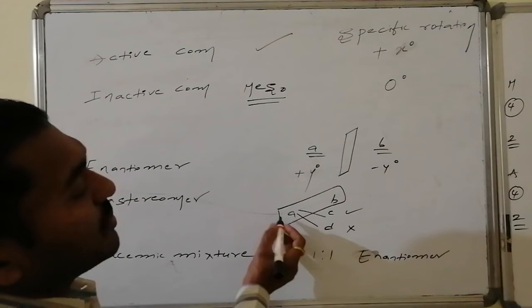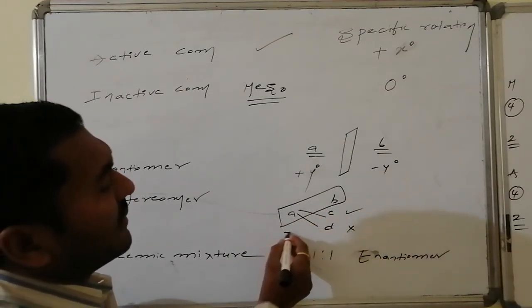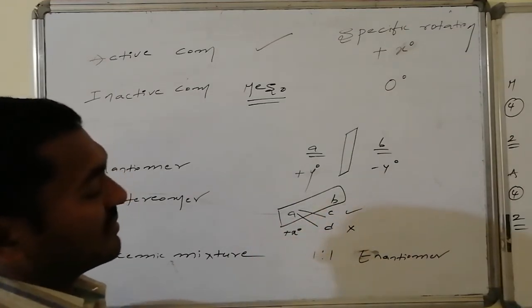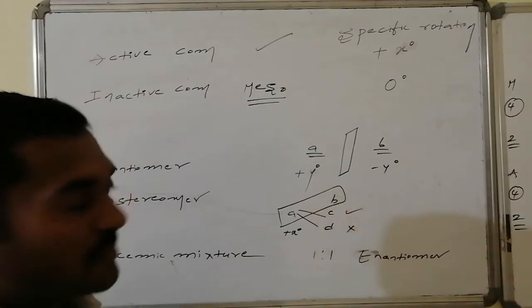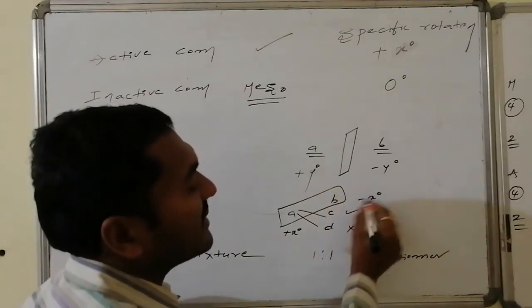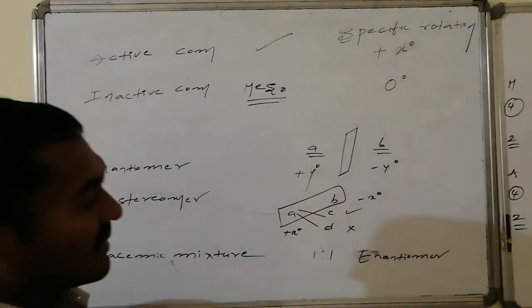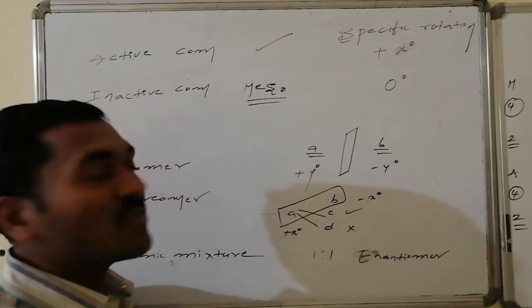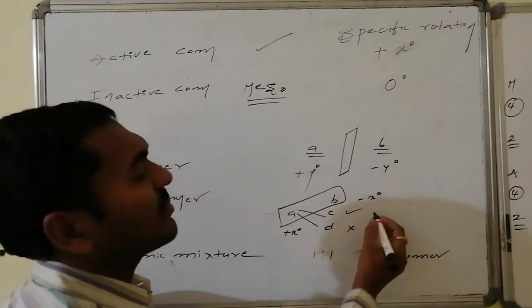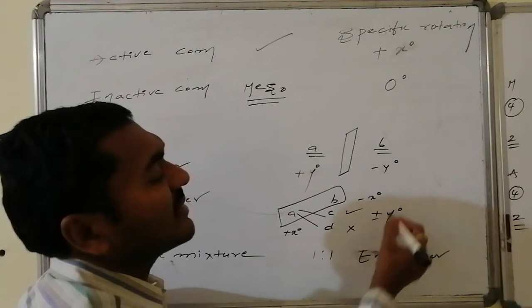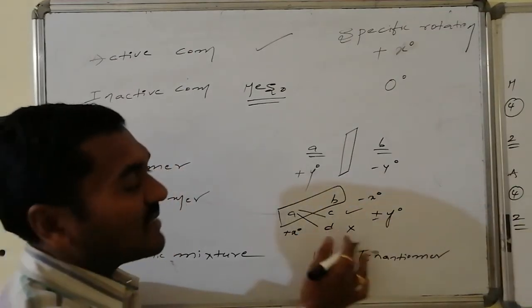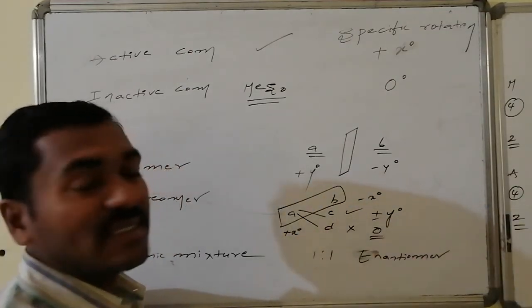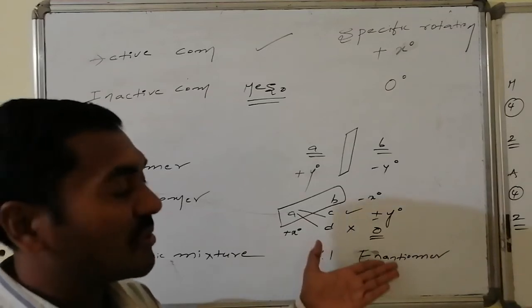Suppose A has plus x degrees as the rotation. B, its corresponding enantiomer, also has x degrees, but that is minus x degrees. C is not the enantiomer of A, so it has some rotation, either plus or minus, y degrees. D does not have any kind of rotation; its rotational value is equal to what? 0.